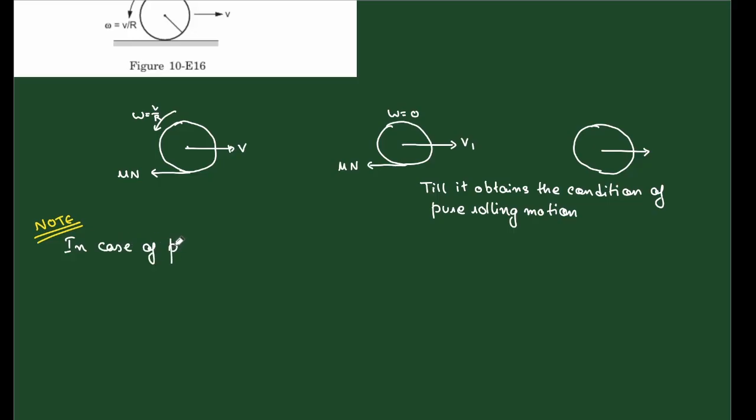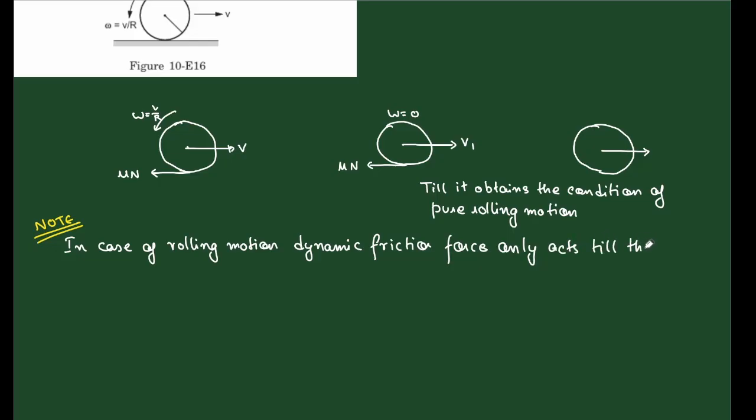In case of rolling motion, dynamic friction force, which means mu into N, only acts till the condition of pure rolling is achieved.